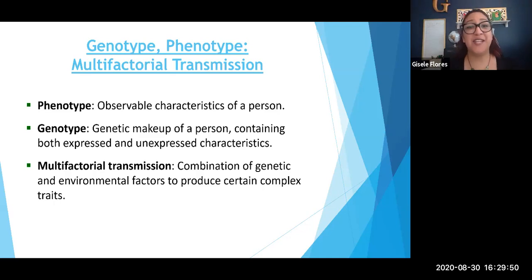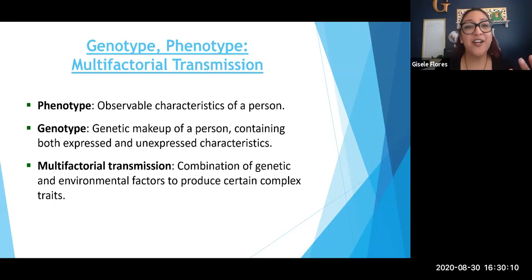Now, what is a genotype and what is a phenotype? There's a little mnemonic device I like to use for this as well. For phenotype, I think of face. What do you see? What are those observable characteristics of a person? What's my hair color? What's my eye color? What's my skin color?